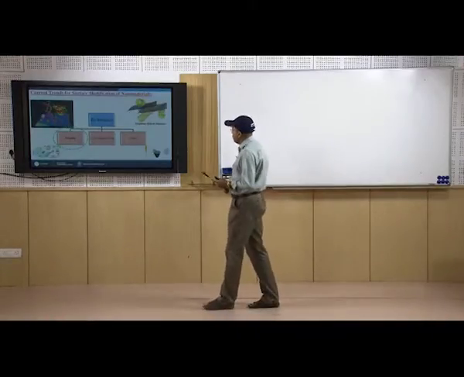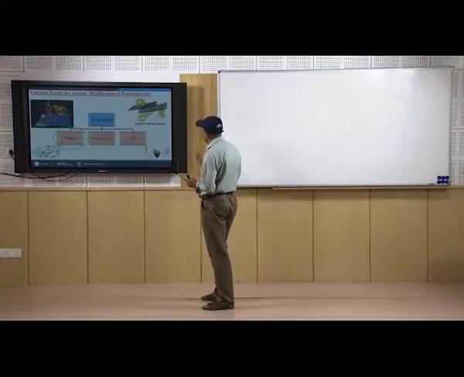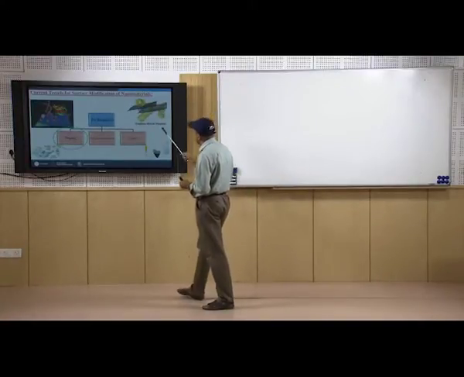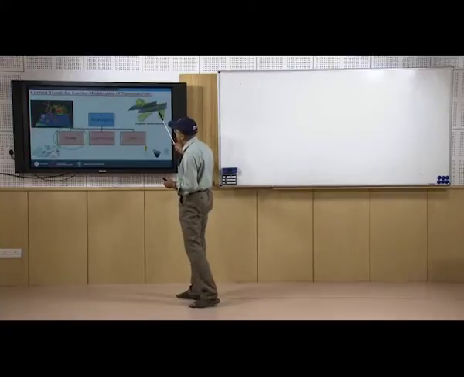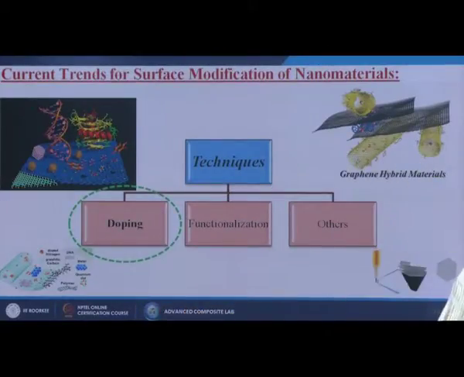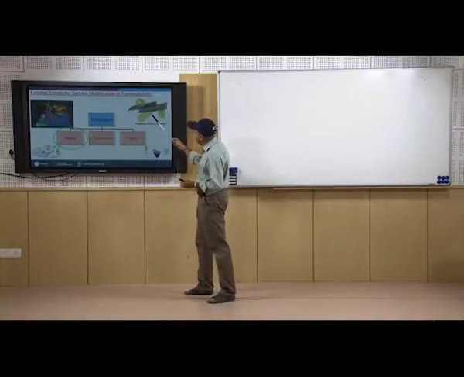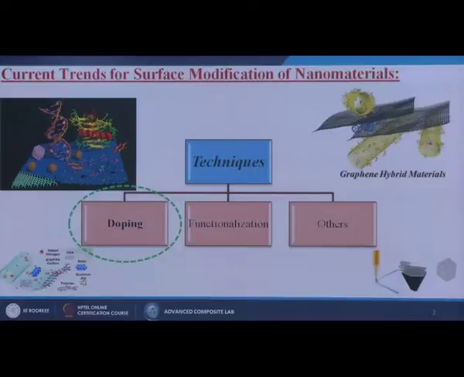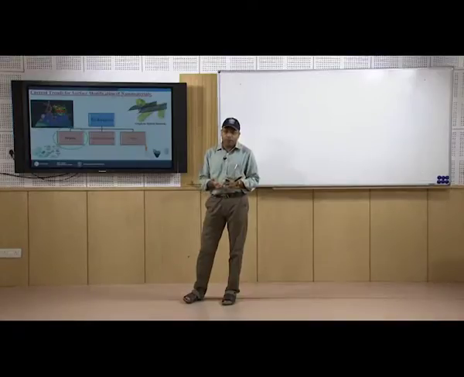Here we have seen so many figures where somewhere we are using some kind of graphene hybrid nanomaterials, somewhere carbon nanotubes or carbon dots or graphene nanoribbons, and we are trying to modify them. Till today we have discussed how to modify these materials with some nanocomposites and prepare hybrid nanocomposites.